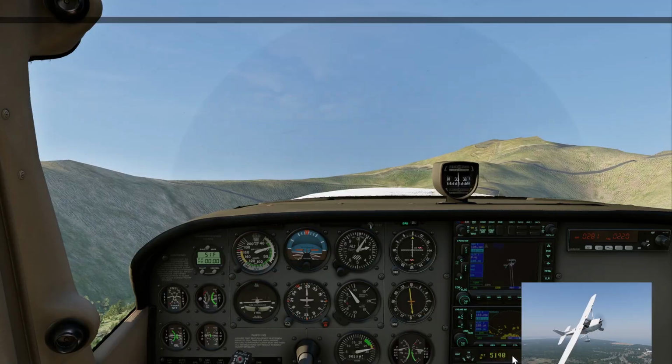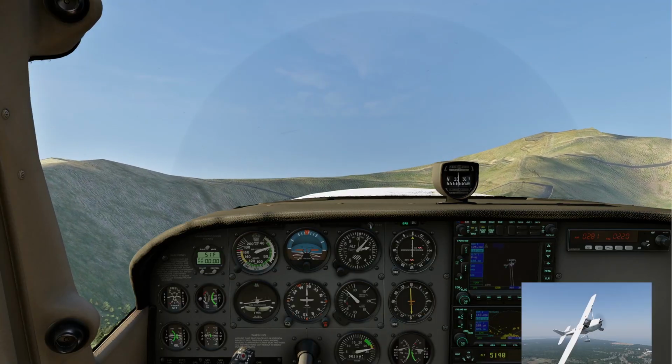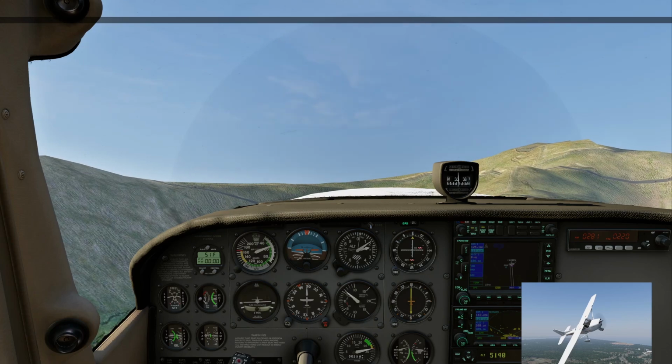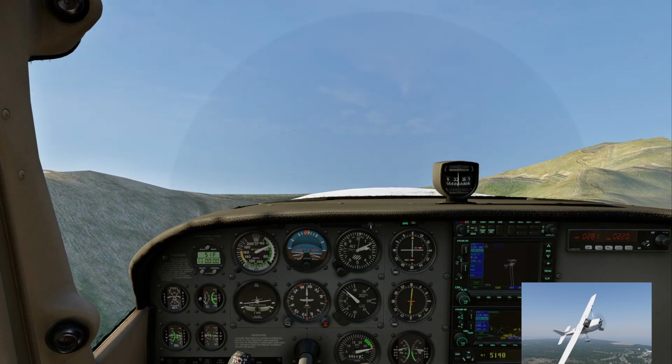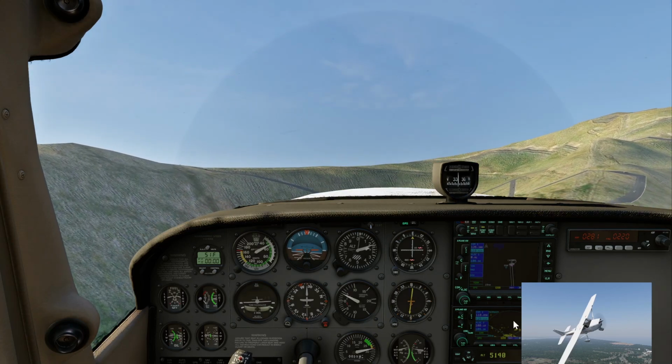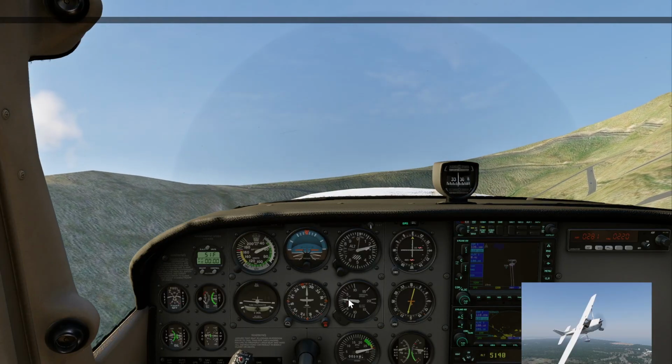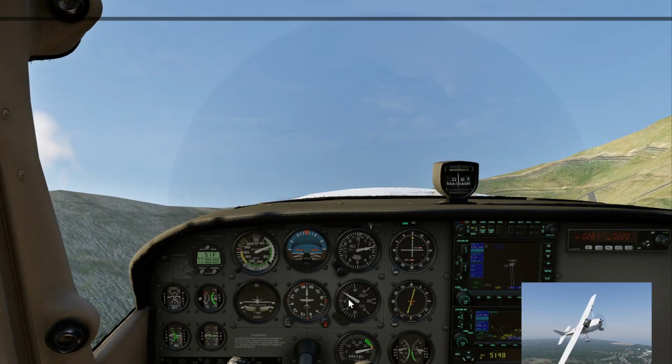Still showing a bit of yellow here on our terrain. Decent rate of climb going on. Let's clean the flaps up.